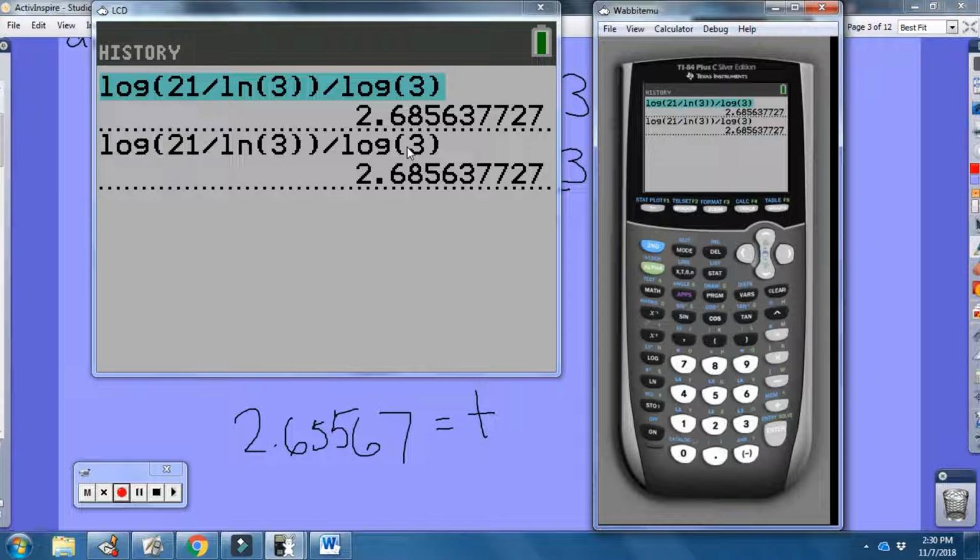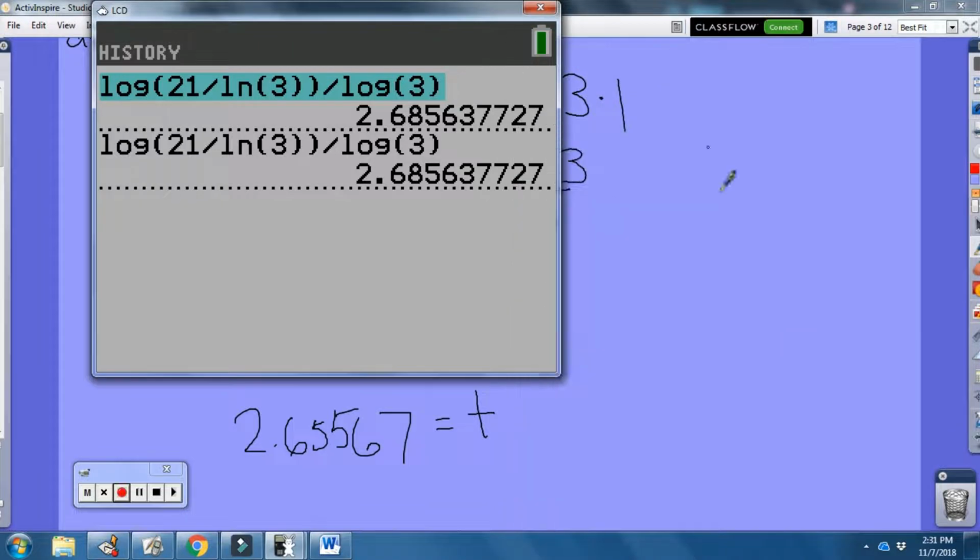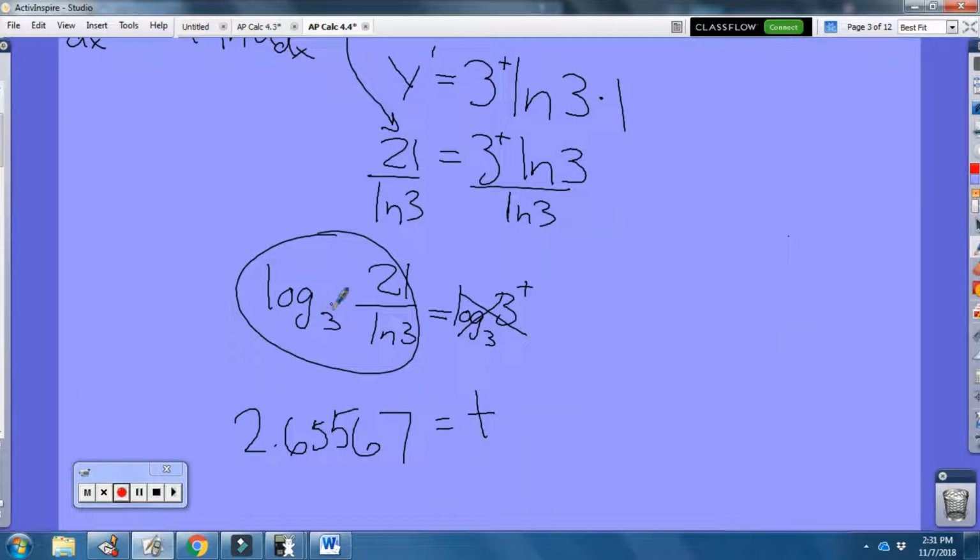All you do is you type in the log that you want to type in the calculator, and then you divide by whatever the base is. So I typed in log of 21 over natural log of 3, and then divided by log 3 because in my problem I had log base 3. That's why I divided by log of 3 at the end. That's called the change of base formula.